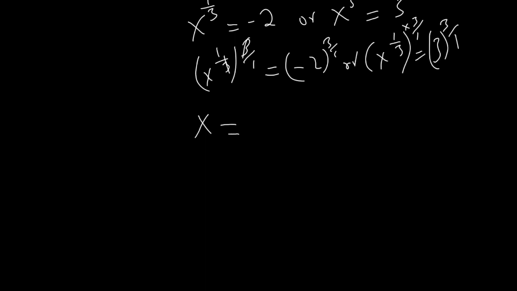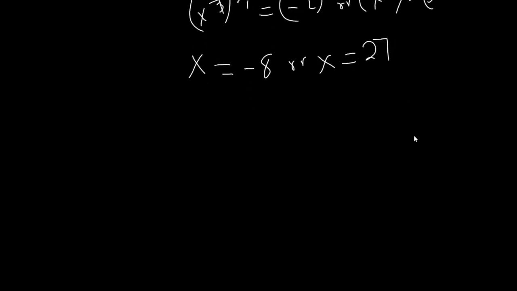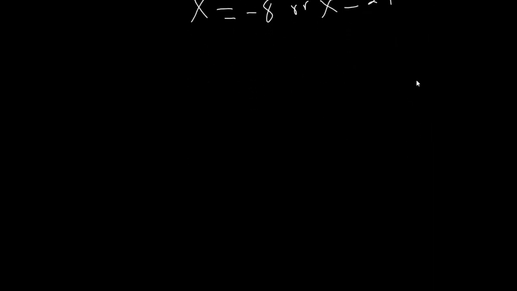We're going to have negative 8 for this, or x is equal to 3 to the 3, that is 27. I just did this because it's kind of different. If the following examples are the same, I'll just leave it from the top and you guys will finish by yourselves.